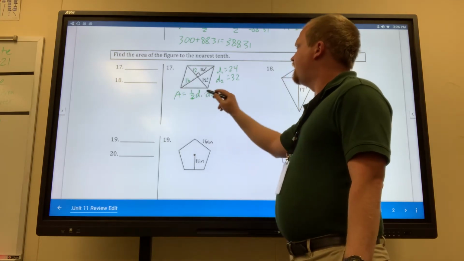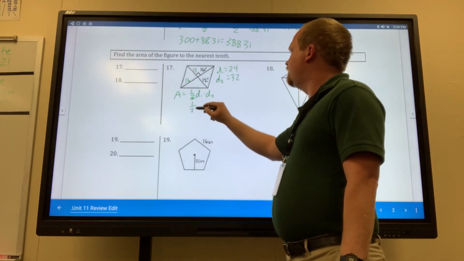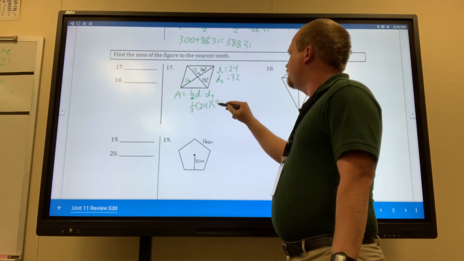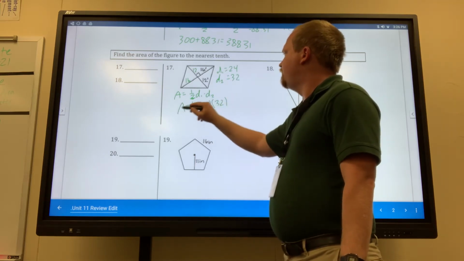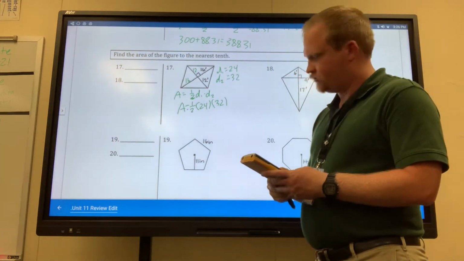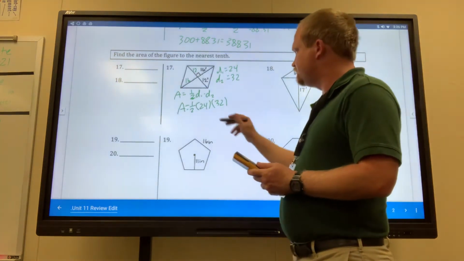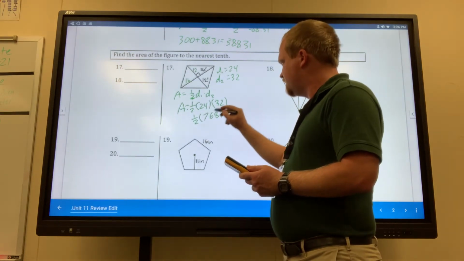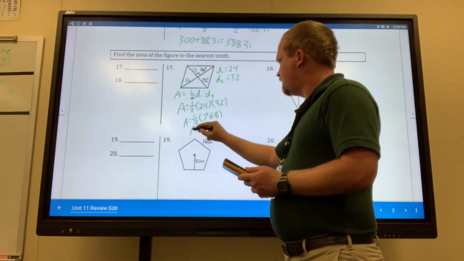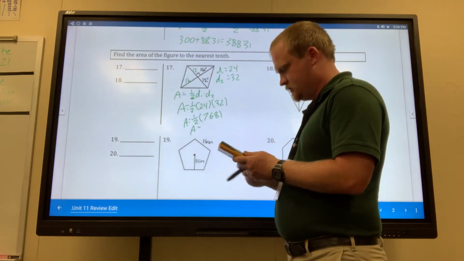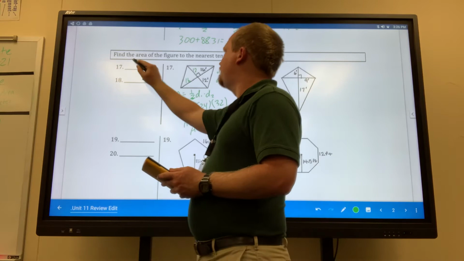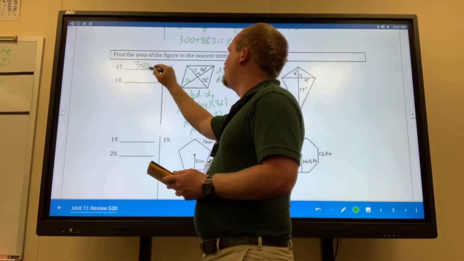Diagonal 1 is 24, diagonal 2 is 32. So I just gotta multiply it out. 24 times 32 is 768, and half of that is 384. So my answer for 17 is 384.